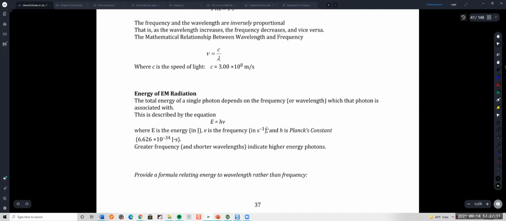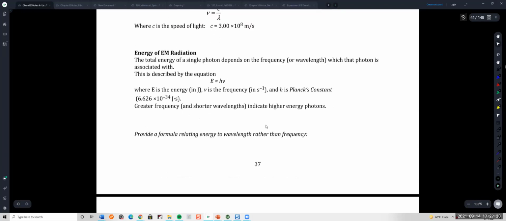It's very simple. A skill you need to be really good at is just rewriting the formula. So E equals Planck's constant times the frequency. And the frequency equals what?